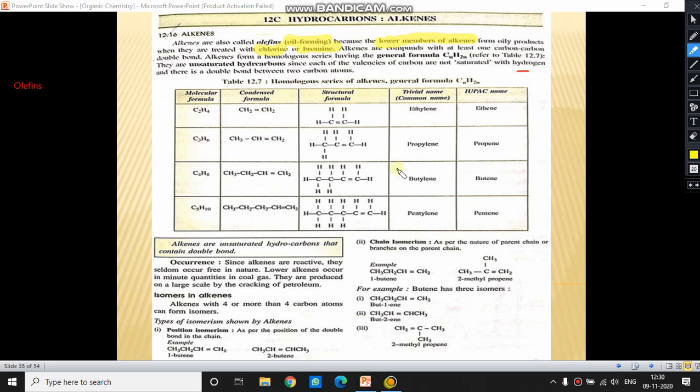And for alkenes, what is the correct definition when we have to define alkenes? So how do we define alkenes? What should our definition essentially consist of?